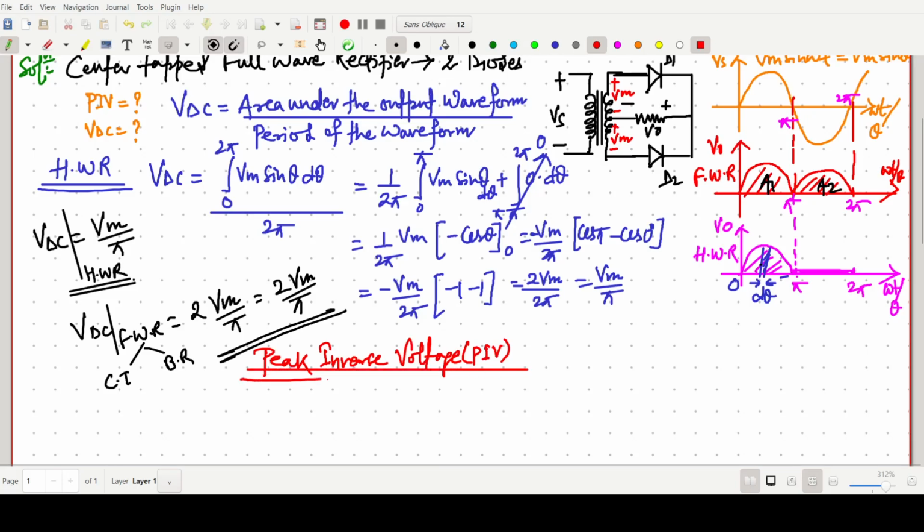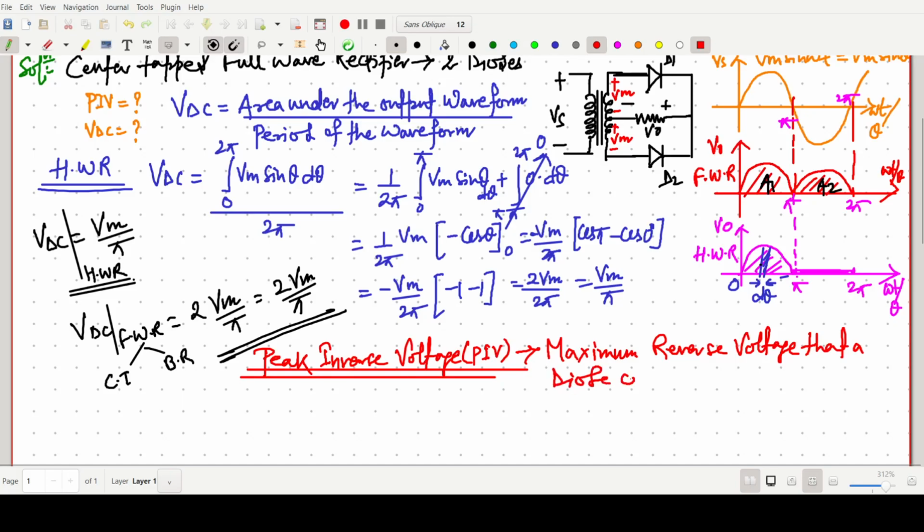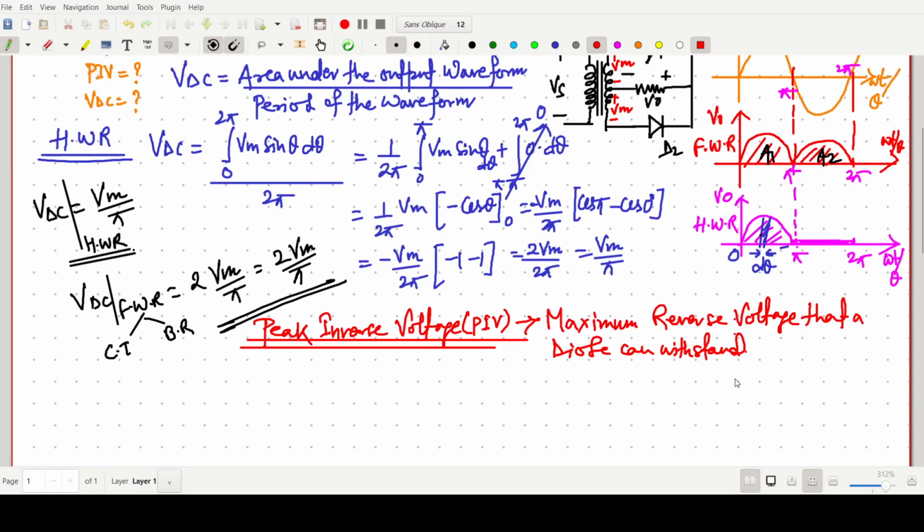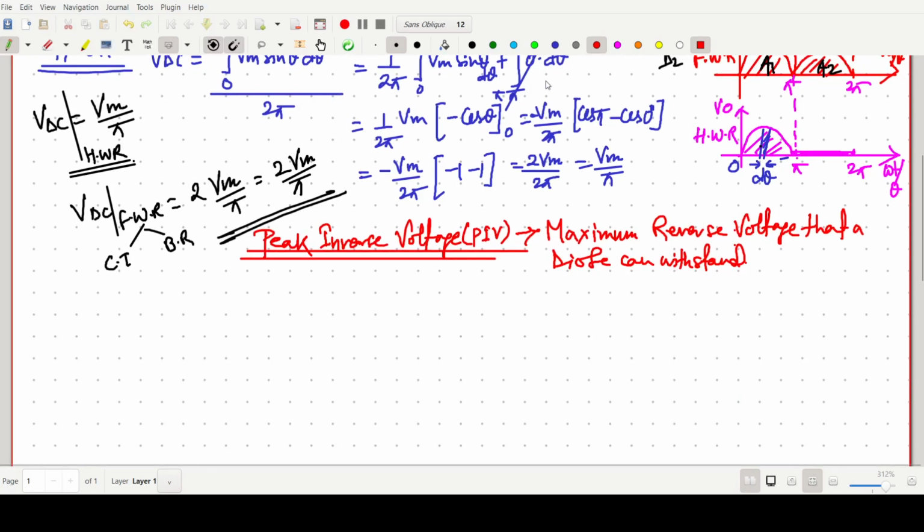Peak inverse voltage is the maximum reverse voltage that a diode can withstand.